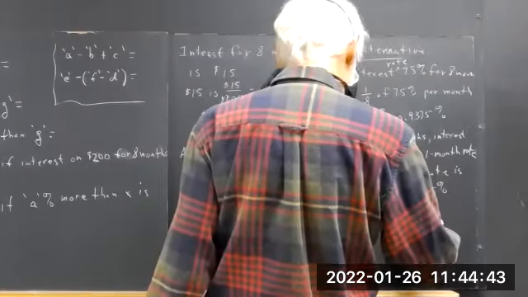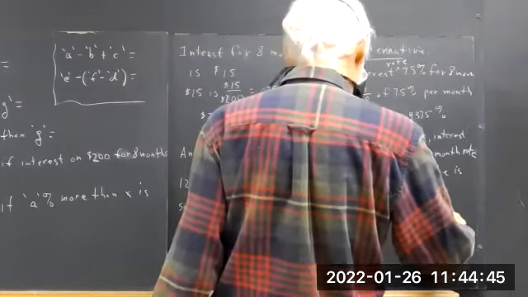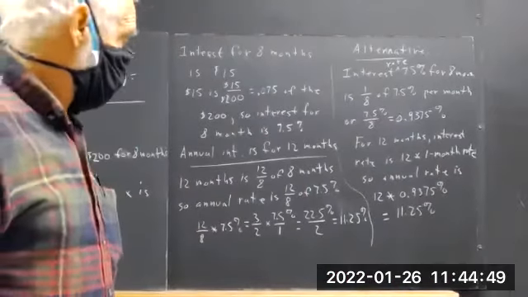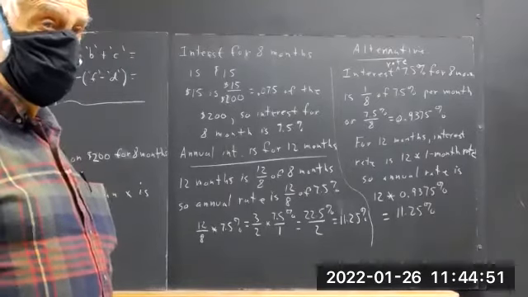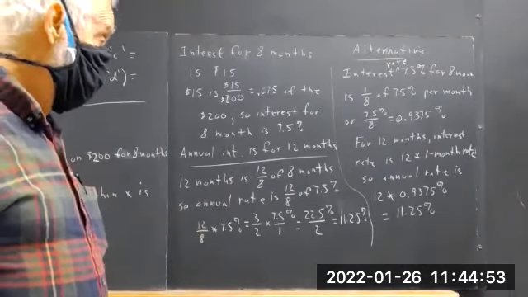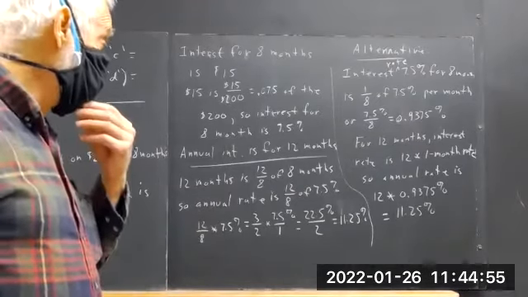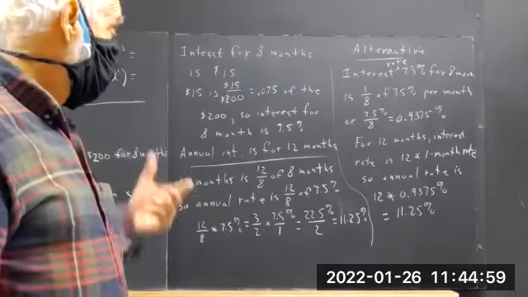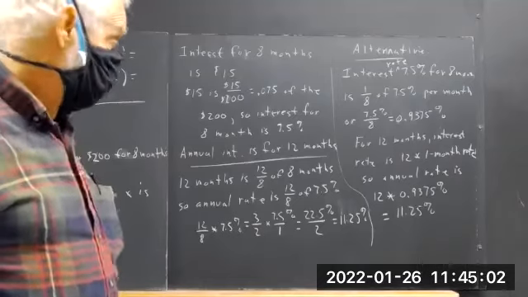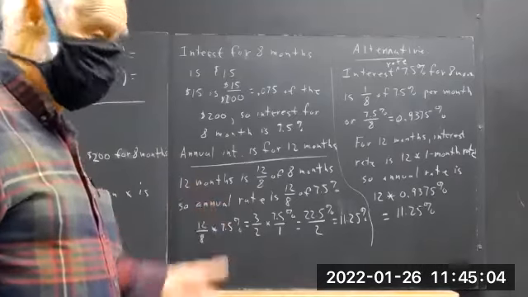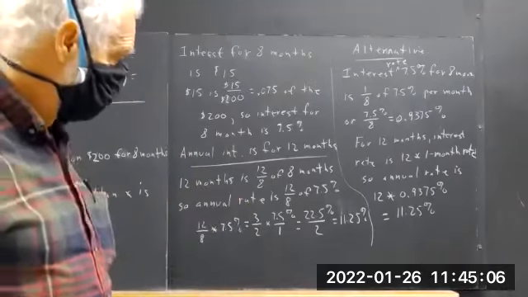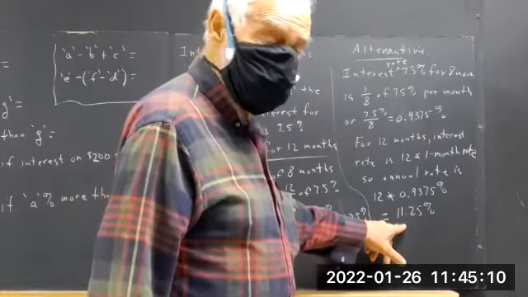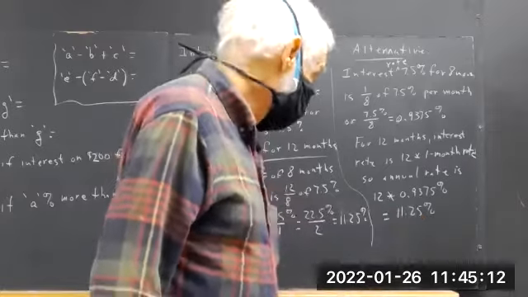And lo and behold, that multiplied out. 9 times 12, 0.9 times 12 would be 0.108, 10.8%. Then 3/8 of 12 is well, 0.04 and a half. And you have that 10.8 plus 0.045 is okay.